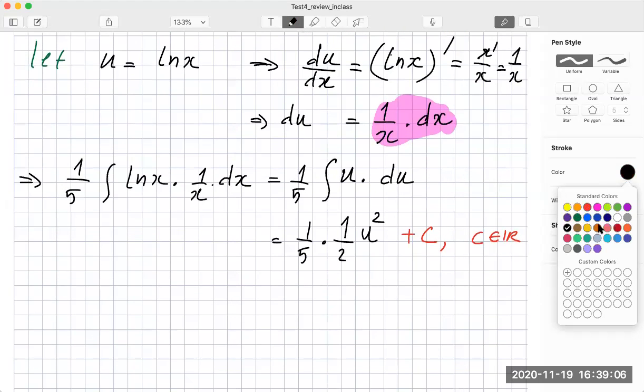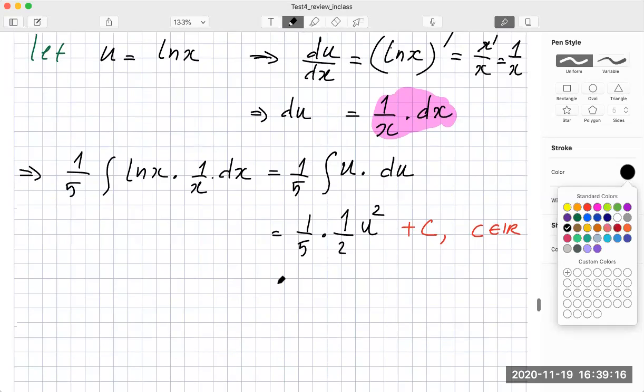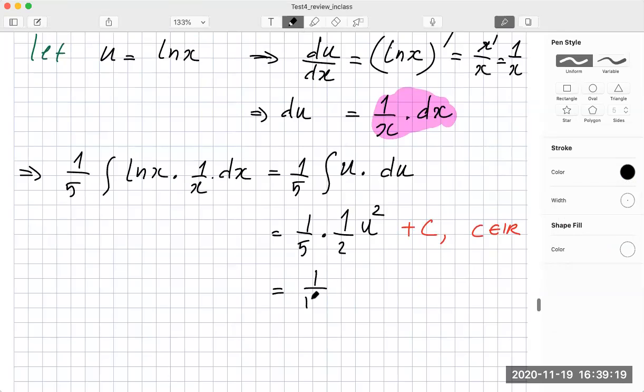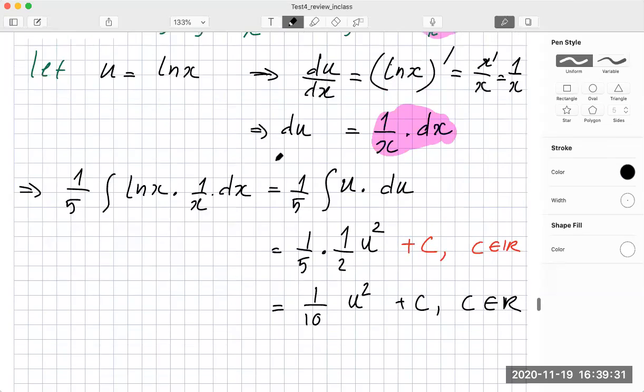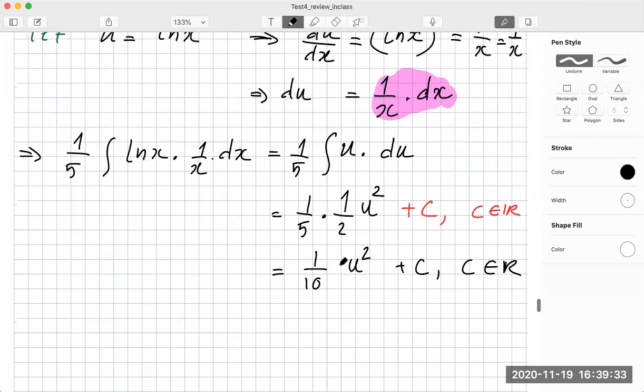Then, the question is to evaluate this integral in terms of x. What we found was in terms of u, the new variable we just defined. So we need to replace it by the original variable, right? So we need to replace u by ln x here, okay?